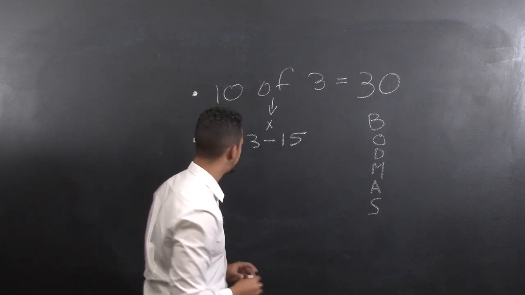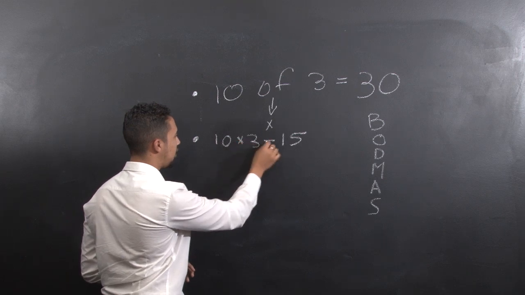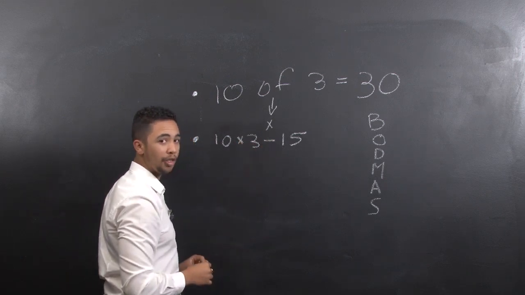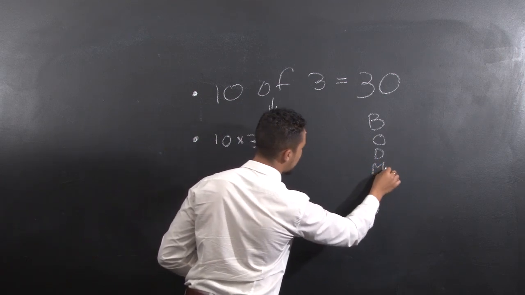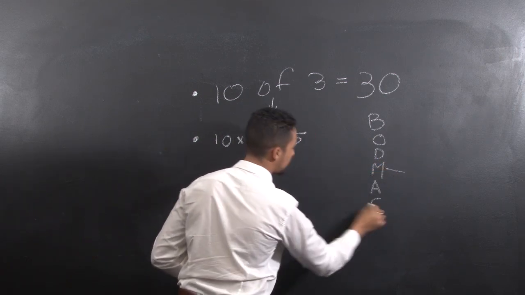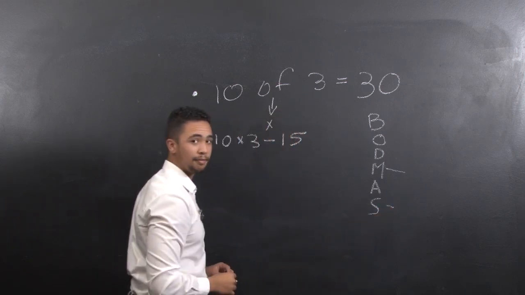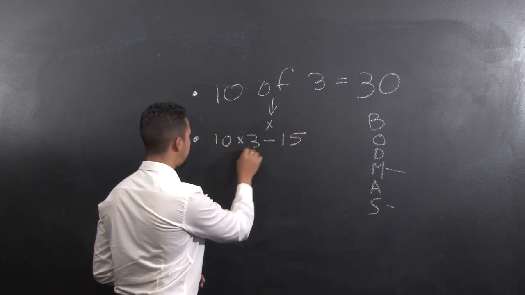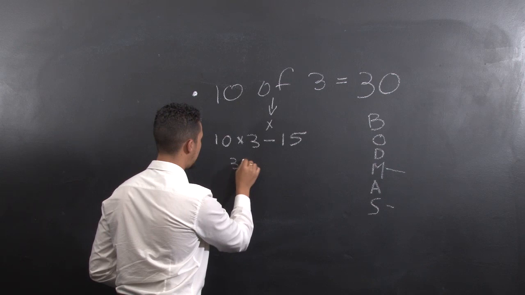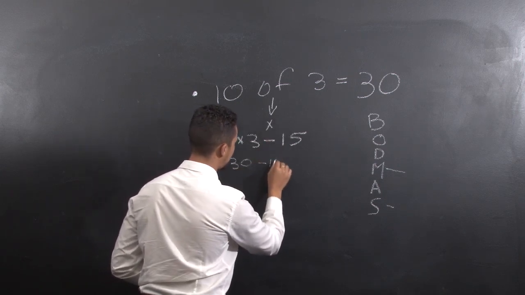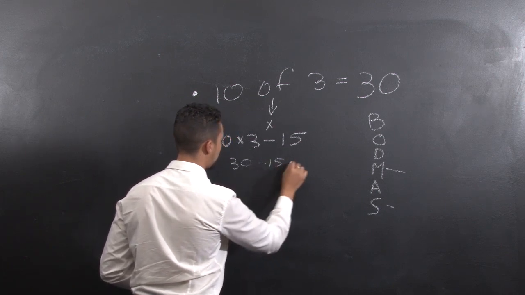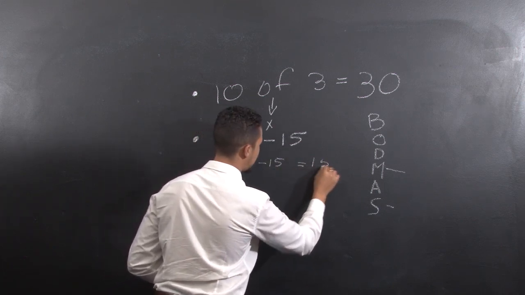What do we have? We have multiplication, we have subtraction. Where are they? Multiplication's over here, so that gets done first. Then we have subtraction, that gets done next. 10 times 3 gives you 30. Then subtraction, and that will give you 15.